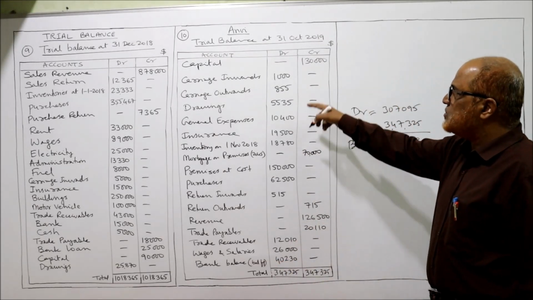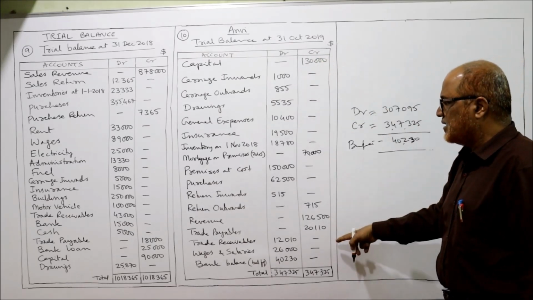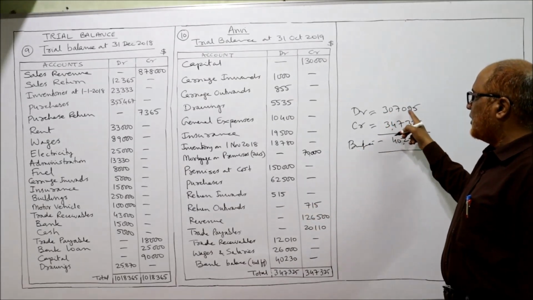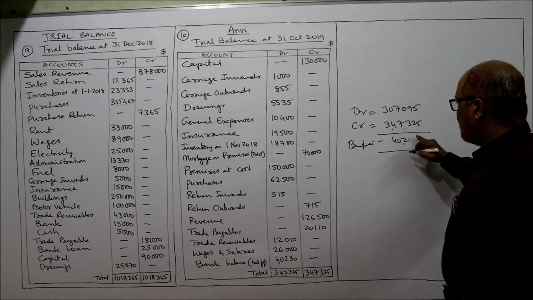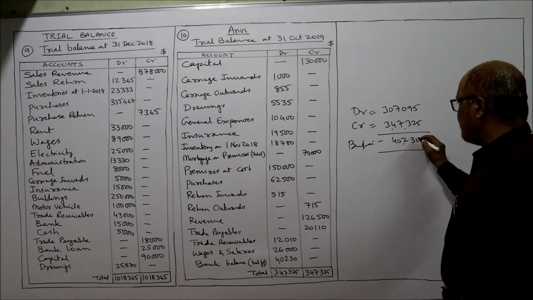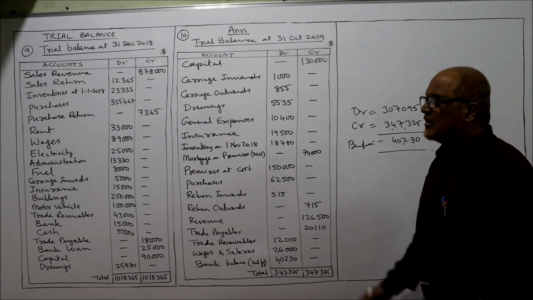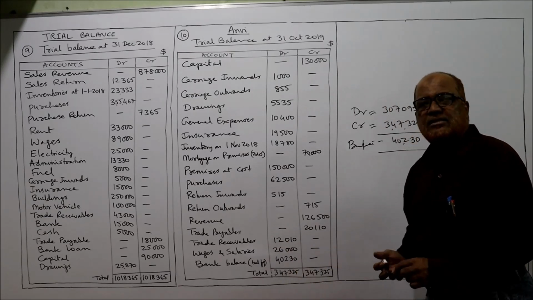After taking all the items, the total of the credit side is 3,47,325 and the total of the debit side is 307,095. Difference between these two total is 40,230. This difference should be taken in that column where the amount is less. The amount is less in the debit column. So debit column 40,230. That's it.